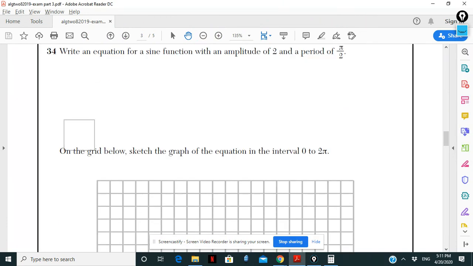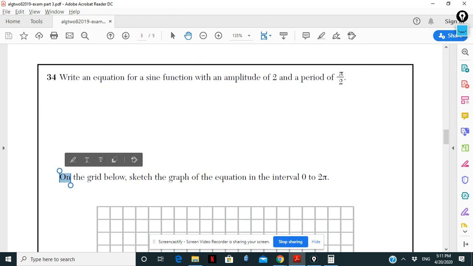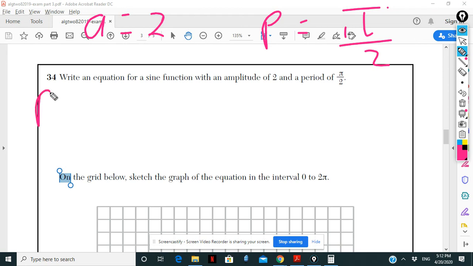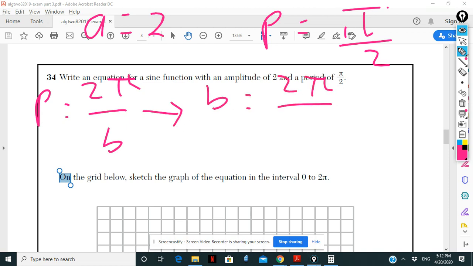Question number 34 now. The amplitude is 2, the period is pi over 2, and you want to write the function. So the period equals 2 pi over B. So from that, B equals 2 pi over the period.